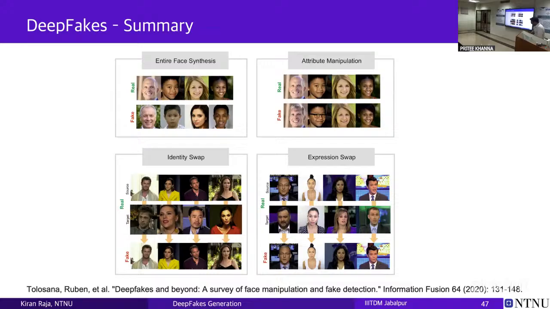Then you have the second part, which is identity swap. There is a person A and a second person B, and you are transferring one face to the other, while still keeping the style and the content of the previous person. And then you have the third one, which is the expression swap, where there is a person A with, let's say, a smiling expression, and a person B with a closed mouth, but I can transfer the expression of person A who is smiling to person B. So these are more fine-grained controls.